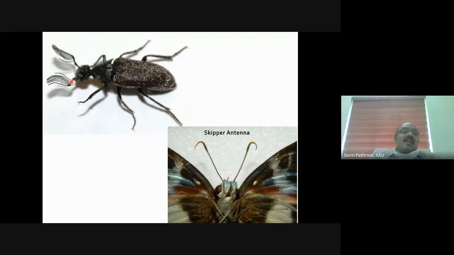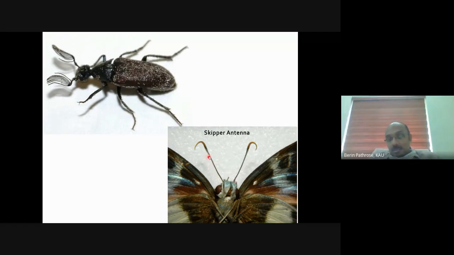And you can see it over here. There are lateral expansions of the antenna. This is a flabellate modification, and these lateral expansions are elongated, thin, slender, long. If you go back and see the lamellate antenna, it is oval and rounded. And this is the hooked antenna.